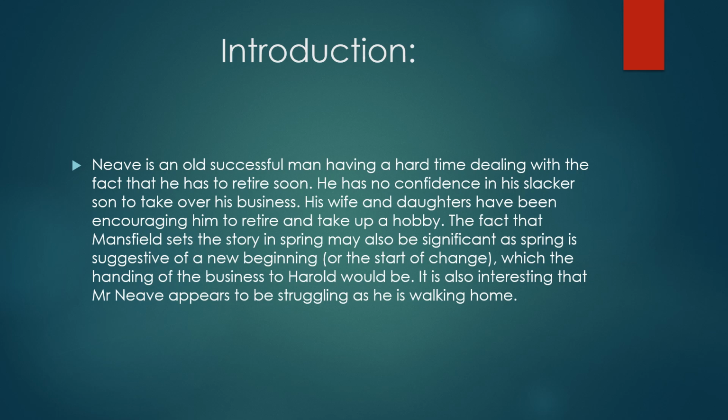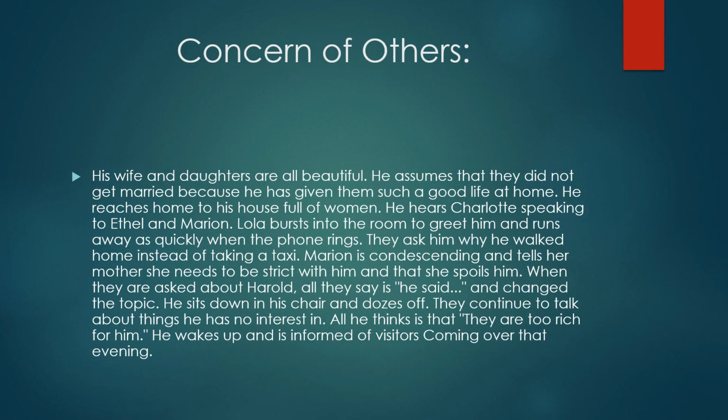It is also interesting that Mr. Neave appears to be struggling as he is walking home. Concern of others in the story, his wife and daughters are all beautiful. He assumes that they do not get married because he has given them such a good life at home.